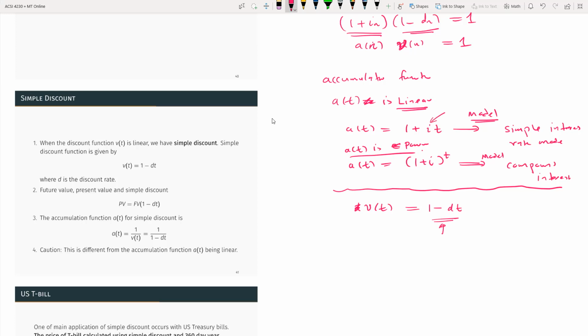So this one is called a simple discount model. And so when you have this, you can see right away the formula: present value equals future value times Vt. That's the original one. Then you can substitute this specific formula.